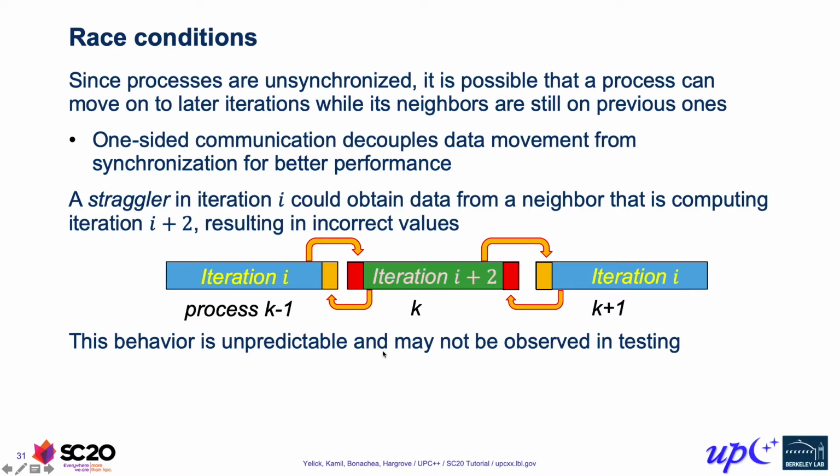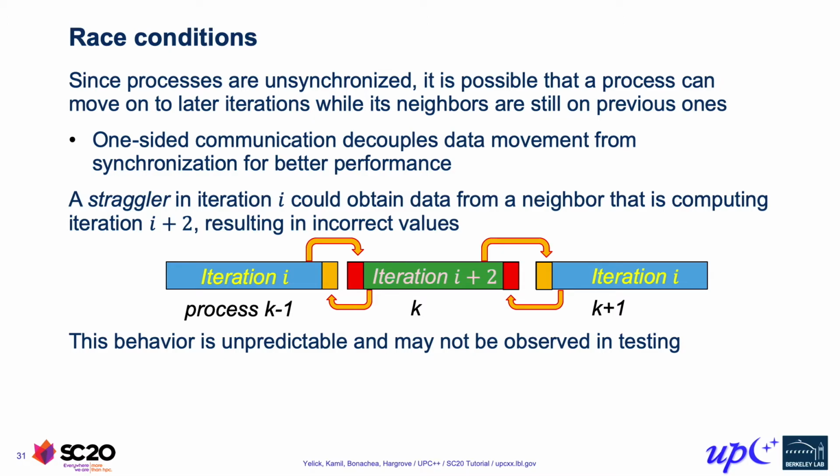This is something that we refer to as a race condition. And again, just like we saw with our exercise 1 hello world example, if we want synchronization, we need to ask for it. This is one important feature of one-sided communication: we decouple data movement from synchronization, as opposed to two-sided messaging where we get synchronization whether we want it or not.